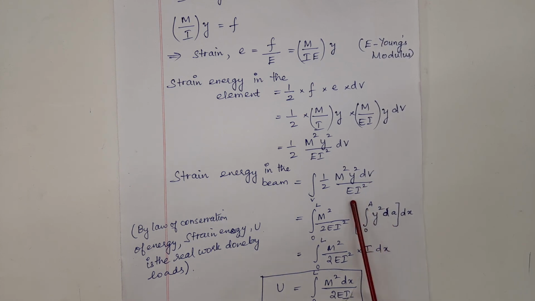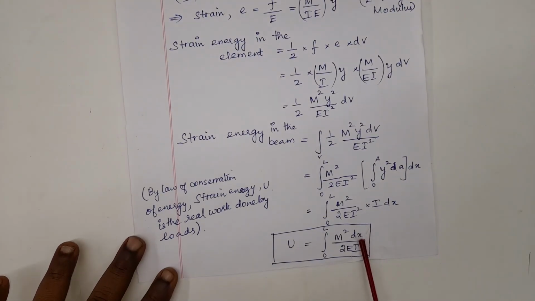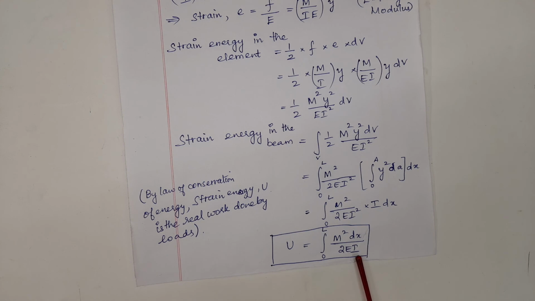Here I group this as I, second moment of area. Integral 0 to A y squared dA is taken as I. So I can get I cancelled, and finally I can write a strain energy for the beam as integral 0 to L M squared dx by 2EI. I can take this strain energy value to determine the real work done by the loads.